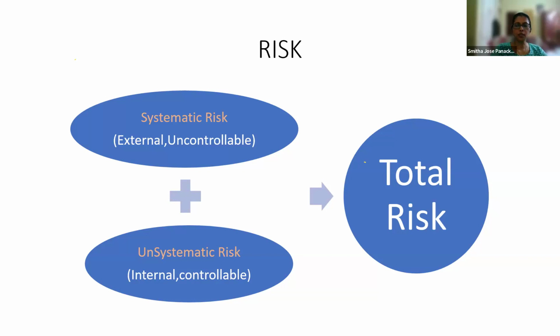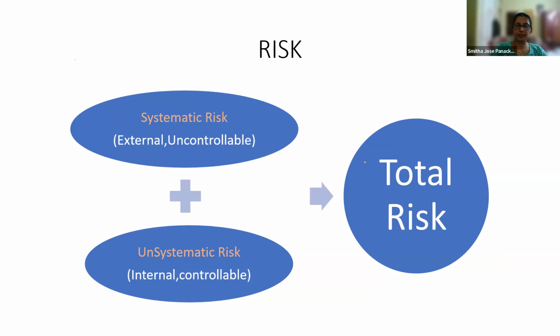Suppose you are going to invest in shares, or in any of the investment avenues, you have to face inflation, right? Inflation you cannot control because it affects the entire system. Those risks which affect the entire system are known as systematic risk.